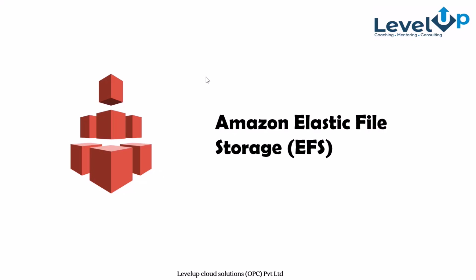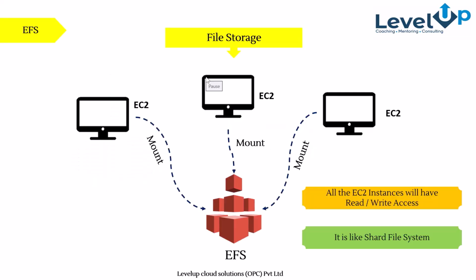We can simply use an EFS file system as a common data source for workloads and applications running on multiple EC2 instances. If you see the image here, there are multiple EC2 instances and they all are storing the data commonly in one file system called EFS.